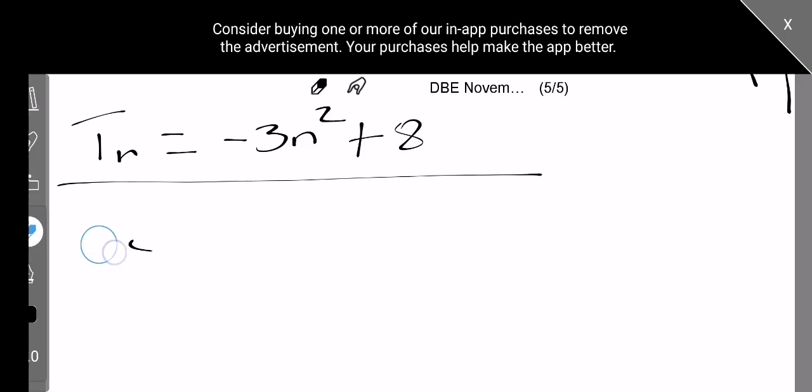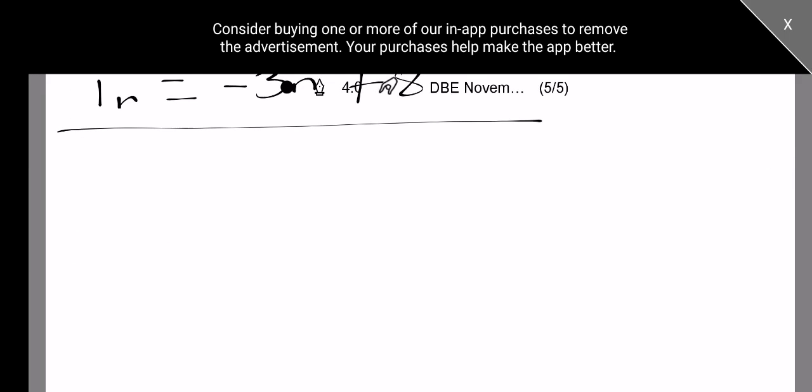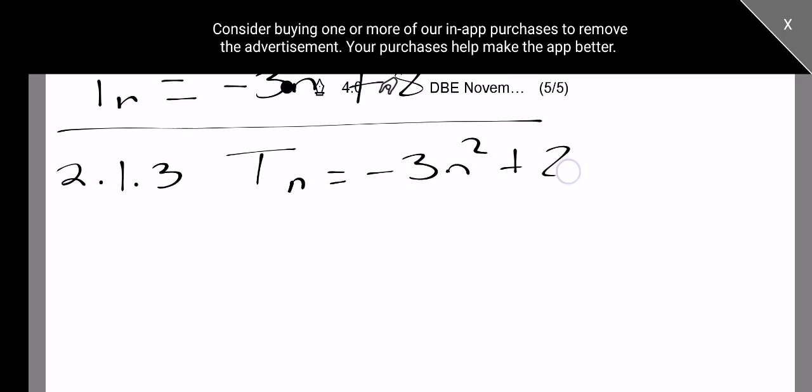Just to indicate that this is a different question, this was 2.1.3. Tn is equal to -3n squared plus 8.